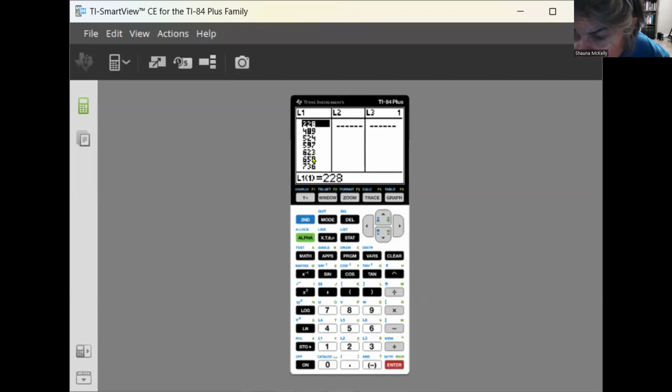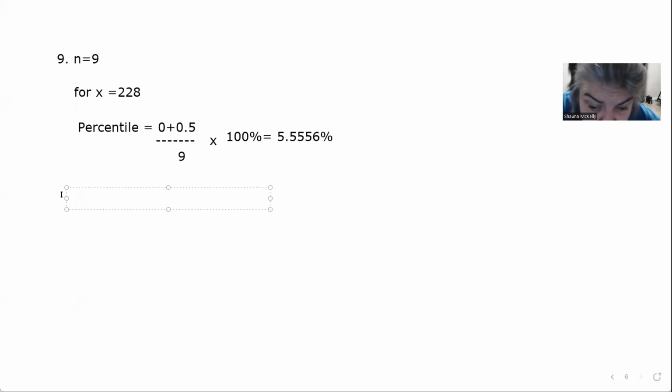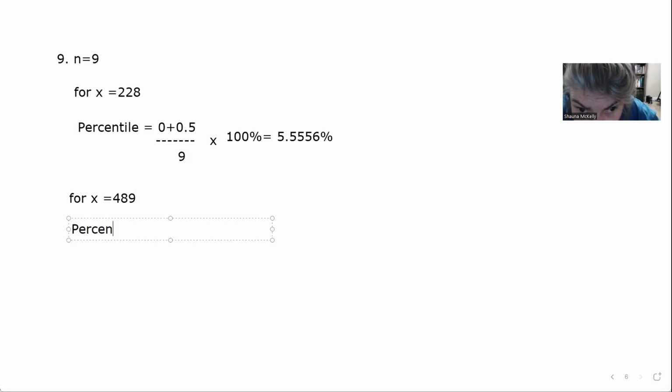So for x equals 489, the percentile is equal to 1 plus 0.5 divided by 9, times 100%.